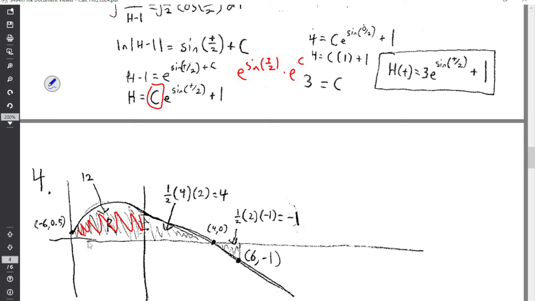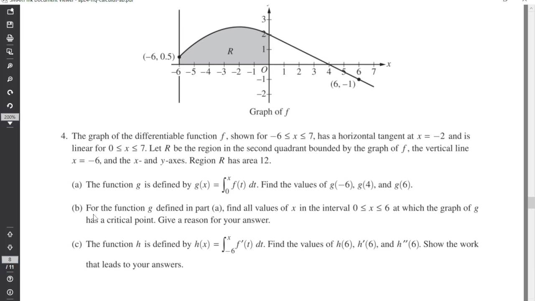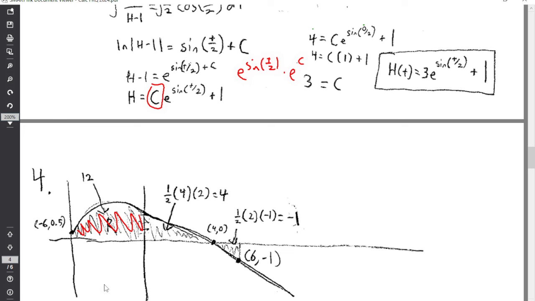And then since it said that the graph to the right of 0 is linear, that means that we can treat this as straight lines and use triangles to get the rest of the areas. So this triangle, 1/2 base times height is going to be 4, and then this triangle, 1/2 base times height is going to be -1 because it's below our axis.